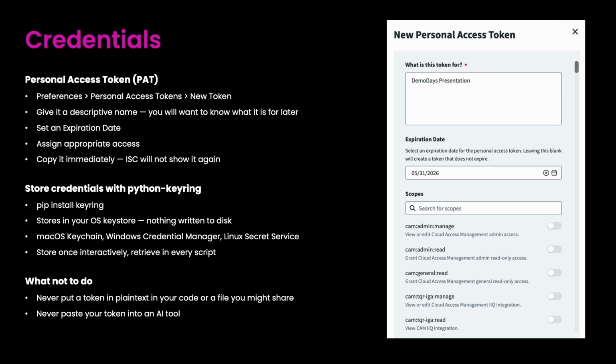And just a note, we don't ever want to put the keys in plain text in our code or a file that could be on our computer that might get loaded up to, say, GitHub or shared on a site like Teams. And we don't need to give the AI our actual tokens. We can use the keyring to keep them on the computer where they are accessed, but they are not read into memory.